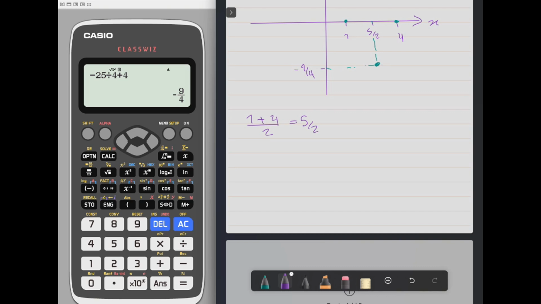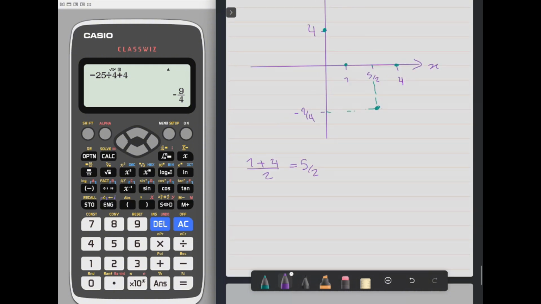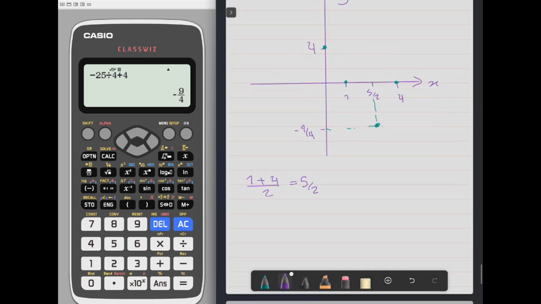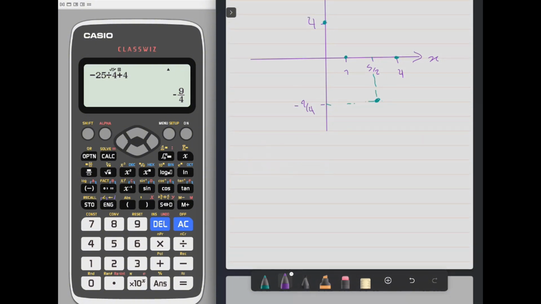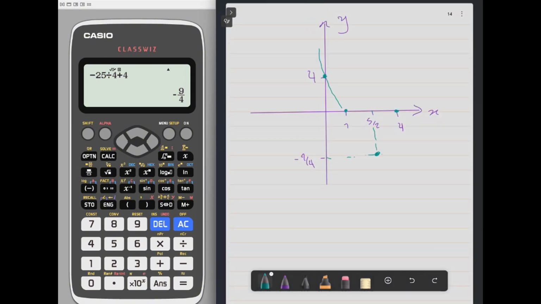So 4 plus 1 is equal to 5. 5 divided by 2 is 5 over 2. So we conclude that the quadratic graph is going to be symmetrical, right? And so I just have to connect these 4 points. Okay. I think this is good enough. So this will be your sketch, guys. And this is what you're going to do for quadratic graphs.